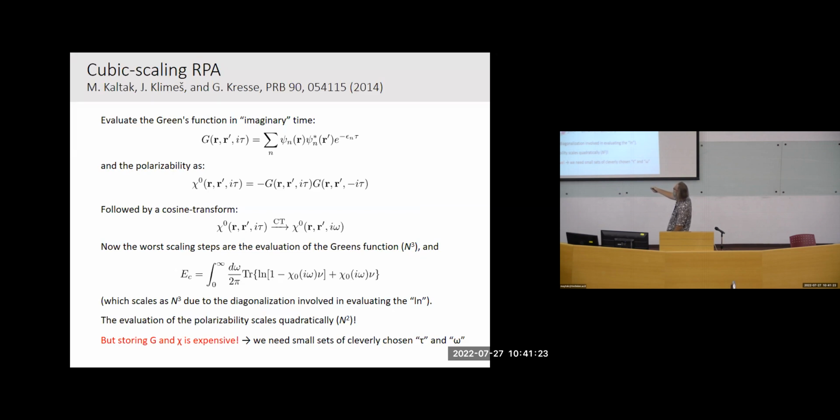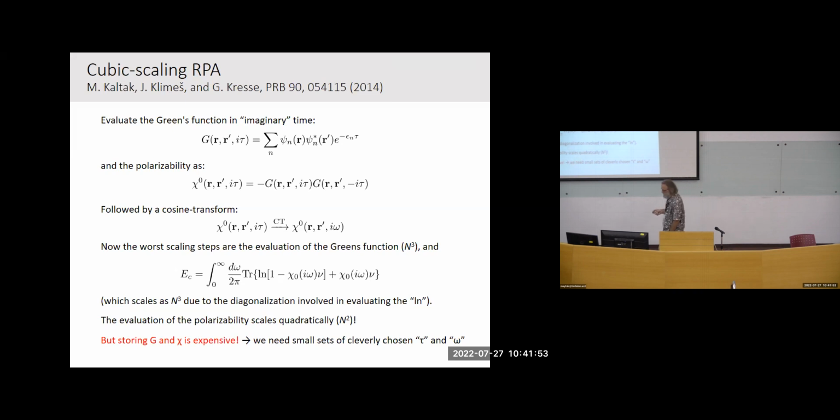The worst scaling step in this is in fact the evaluation of the logarithm, because to do that, we need to diagonalize a large matrix, and diagonalization scales cubically. So this is, if you so want, the worst scaling step. And before, the worst scaling step was the computation of the independent particle polarizability, but that now scales quadratically in system size.